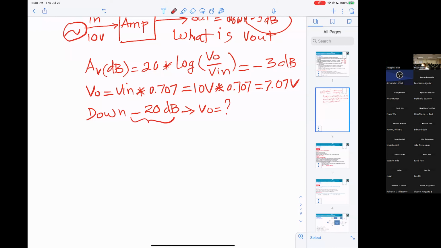For example, we just told you 0.707 is equivalent to minus 3 dB. So now you get minus 20 dB.